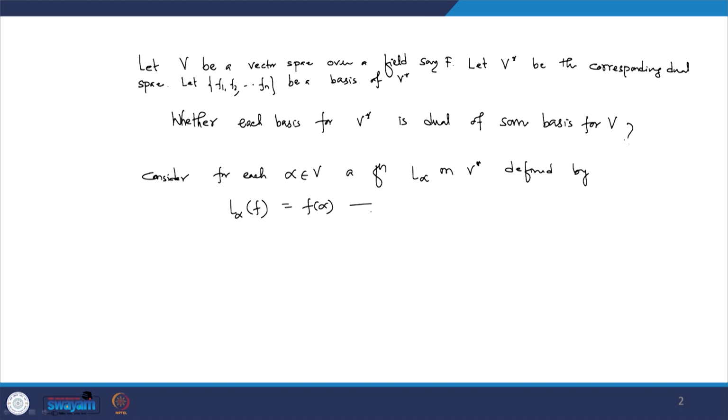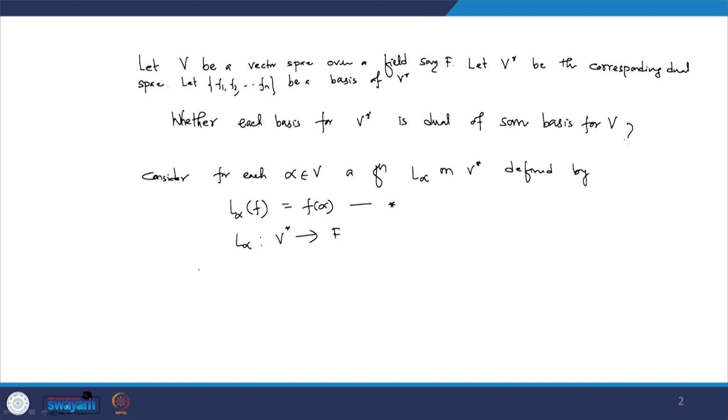So, L alpha is a function from V star to the field F. This function we can check is also a linear function.